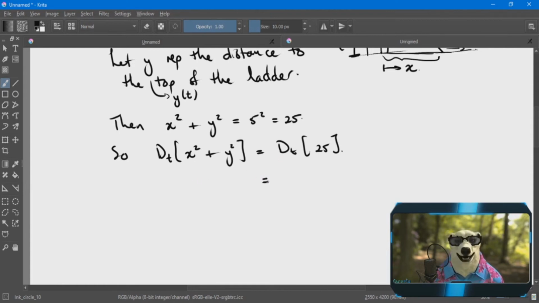Now let's do the right-hand side because it's super easy. If 25 is constant, derivative of a constant is 0. Left-hand side, I'll split it up to show that we are using the sum property. Nothing strange is happening here really. Our derivative properties are still what we are using.